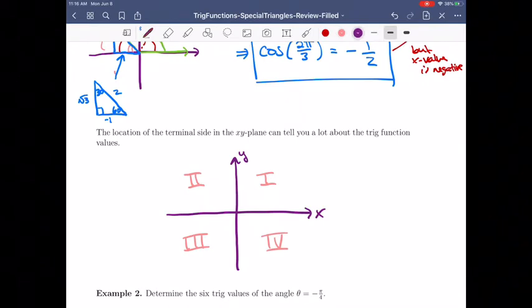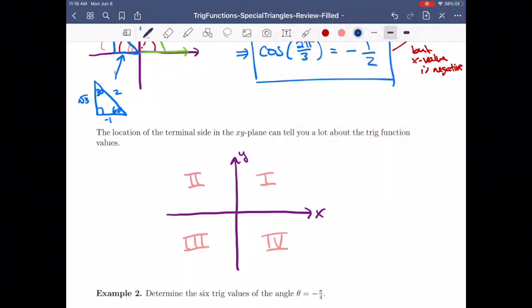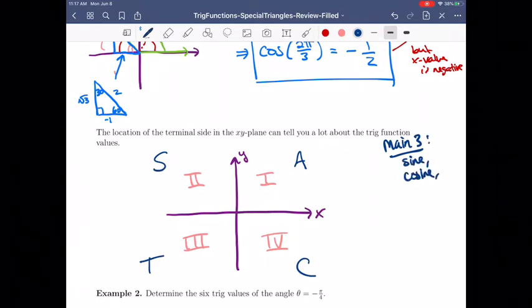Now there's a mnemonic device people use regularly: all students take calculus. What it stands for is telling you which trig functions are positive of the main three, which are sine, cos, and tan.